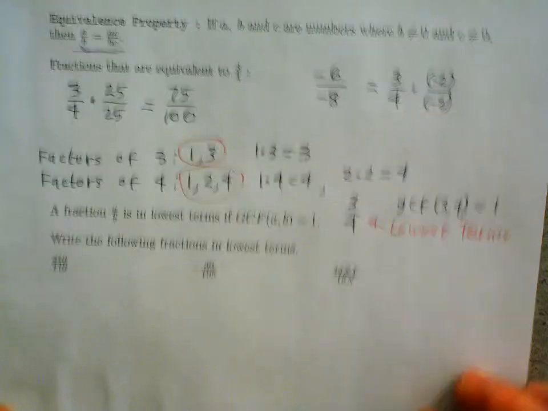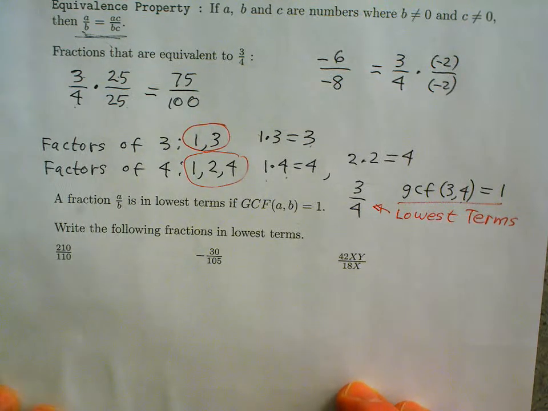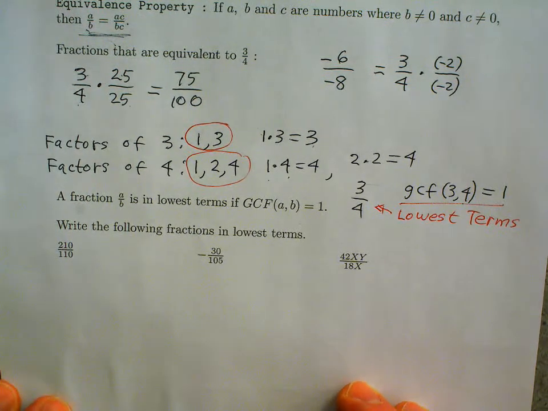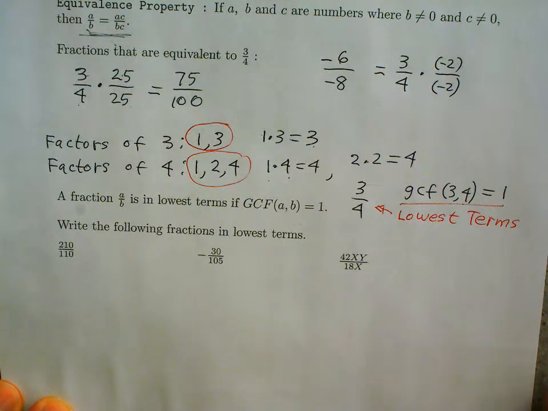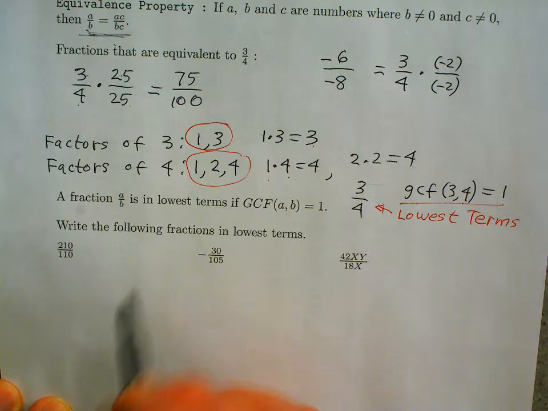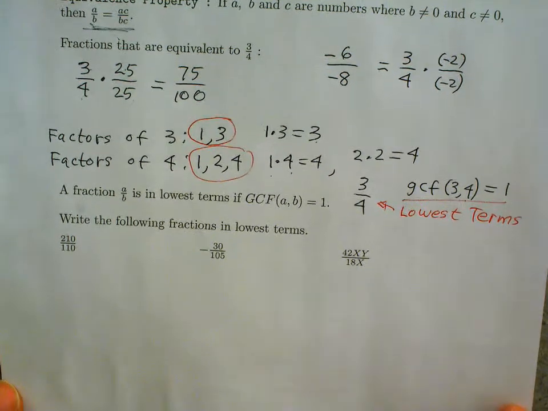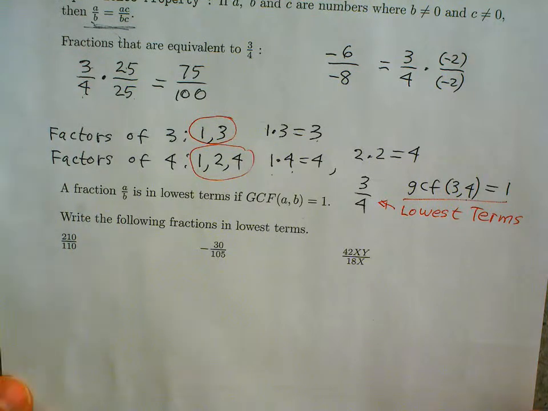Okay, here are some examples of fractions. They're not in lowest terms, but we want to write them in lowest terms. Okay, so we can do an exhaustive approach or a non-exhaustive approach.